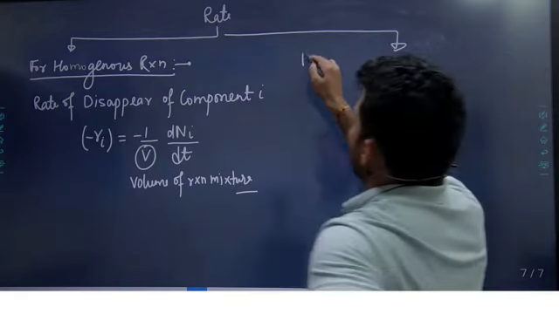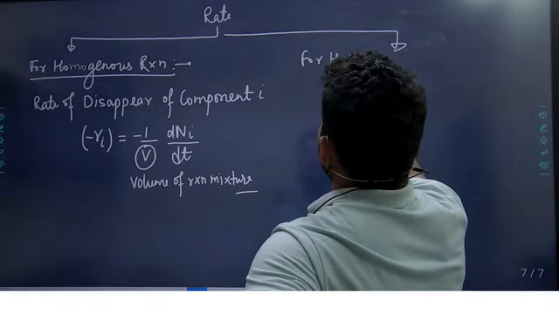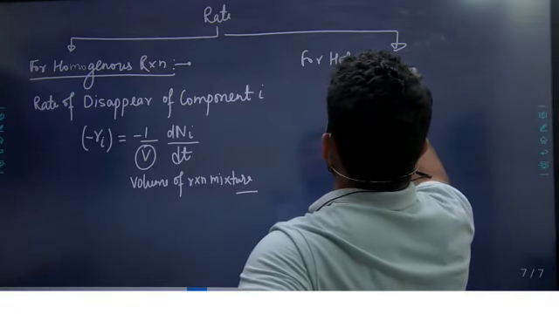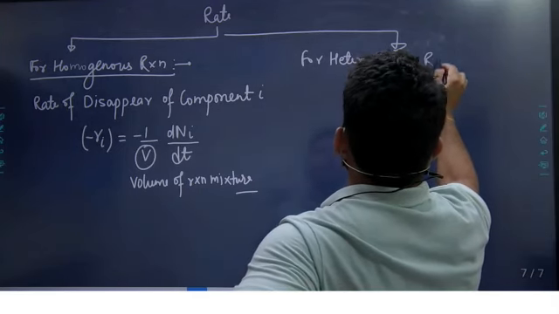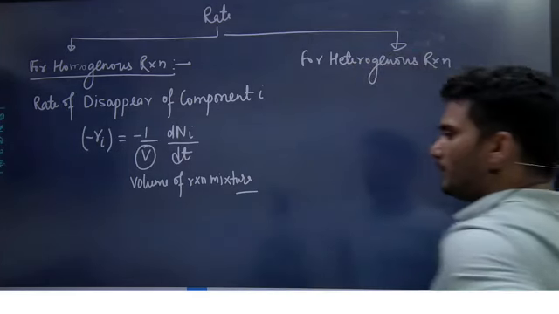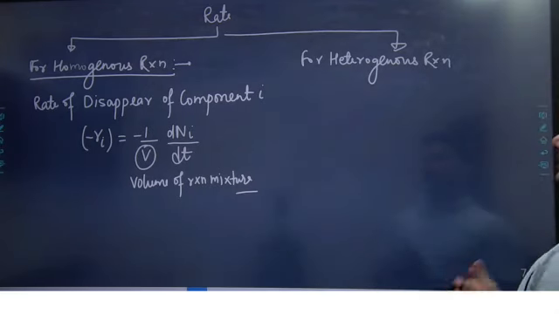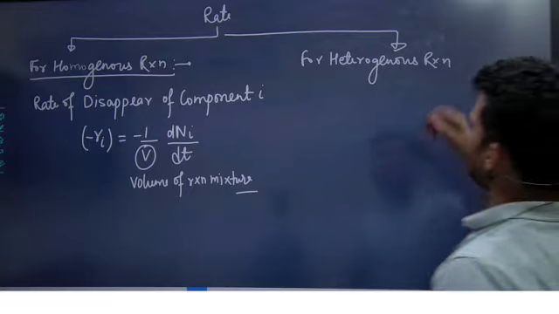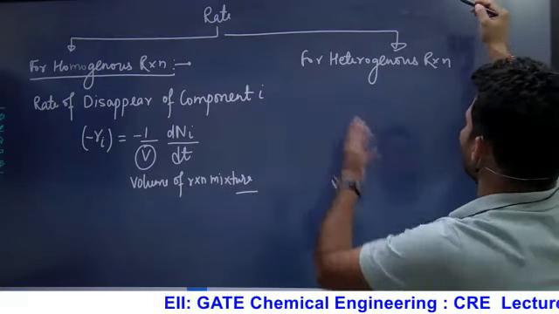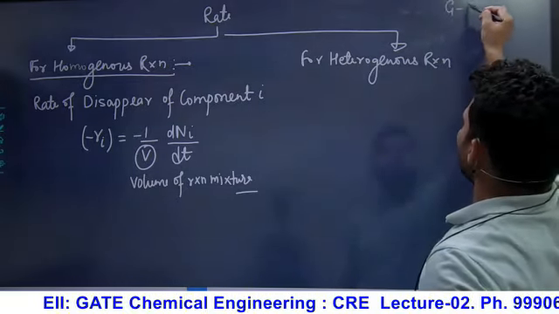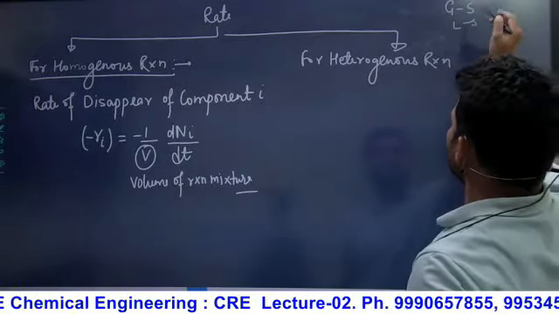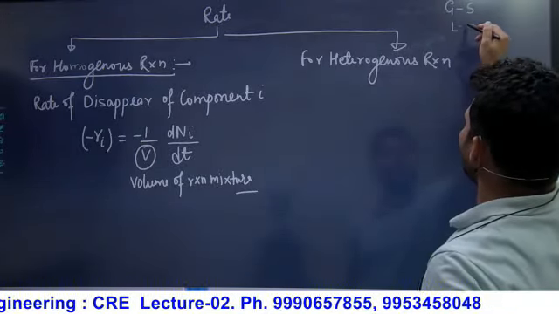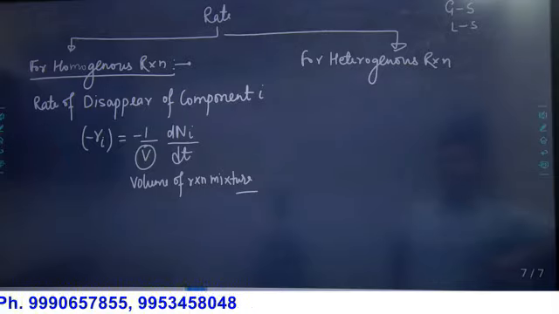For heterogeneous reaction, try to understand. For heterogeneous reaction, what will you find? In this case, it may be possible that there is more than one phase, that is gas-solid phase, liquid-solid phase.